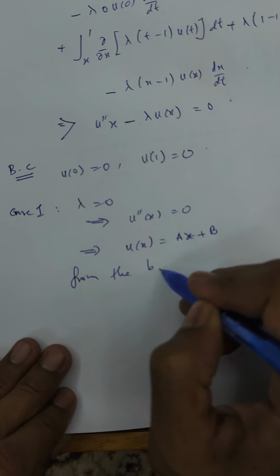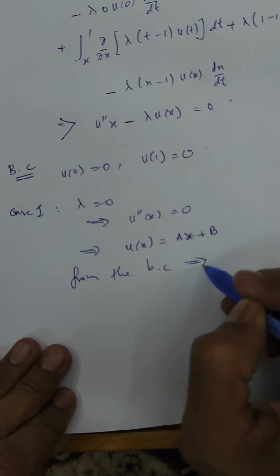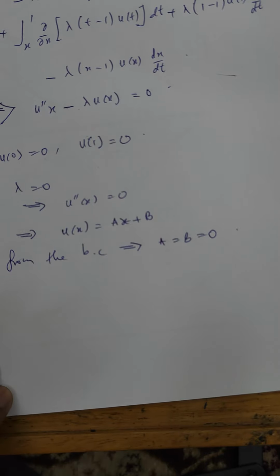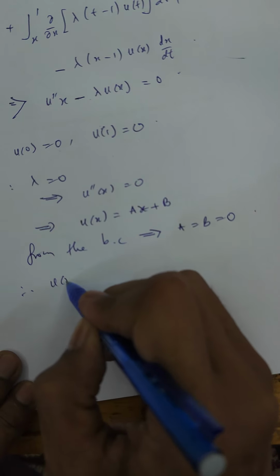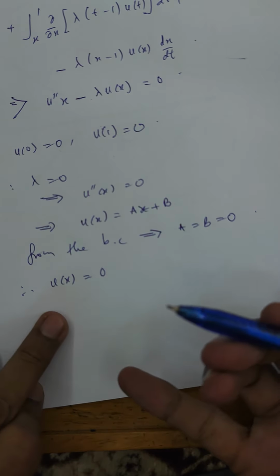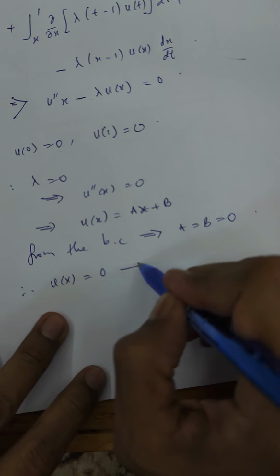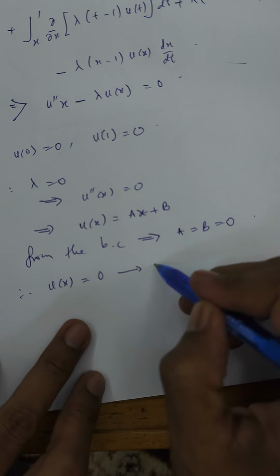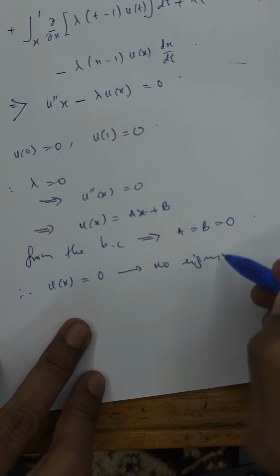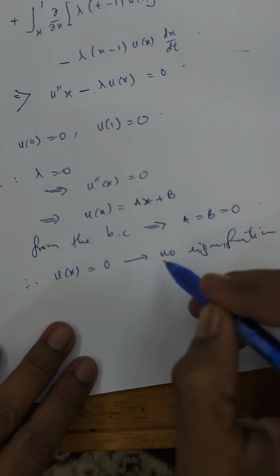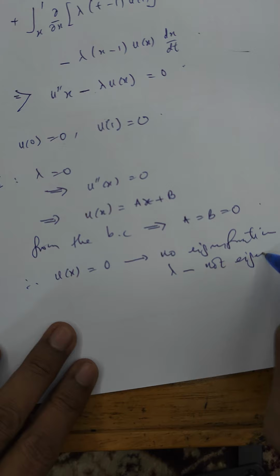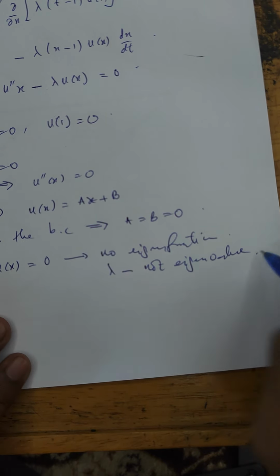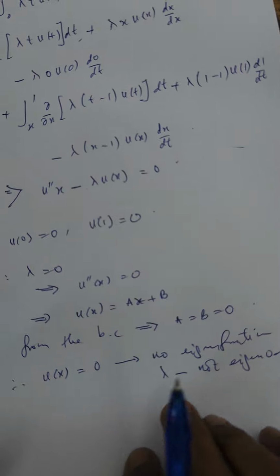From the boundary condition, we have a equal to b equal to 0. So therefore the solution is u(x) is equal to 0, which is a trivial solution. So there is no eigenfunction, and lambda is not an eigenvalue. Alright, that's the first case.